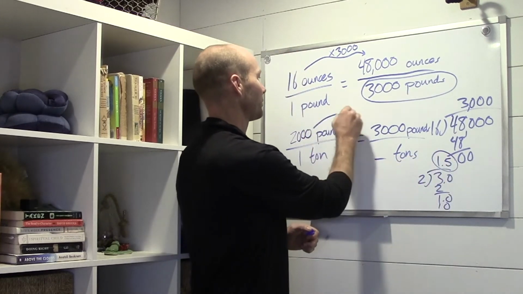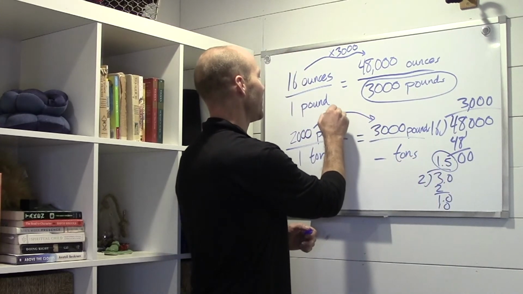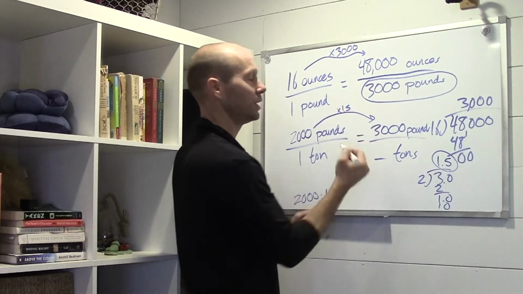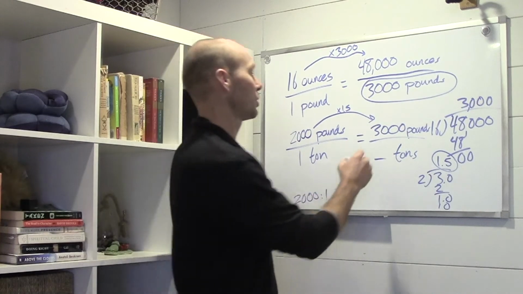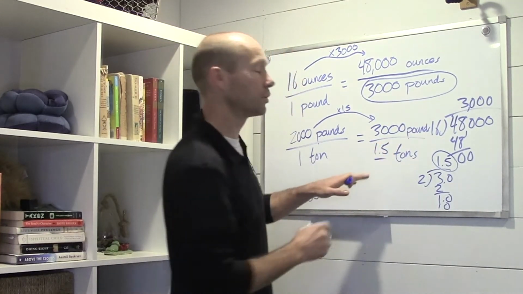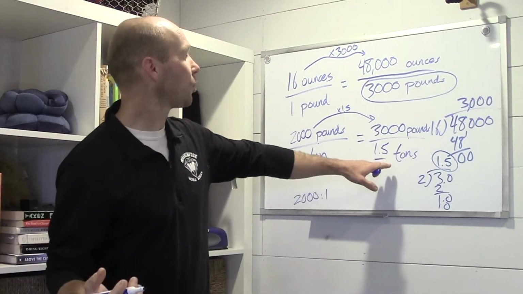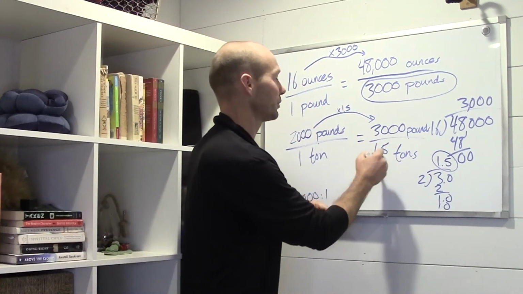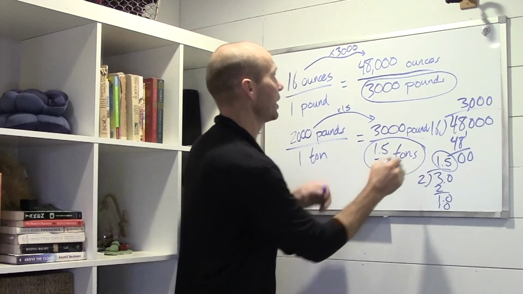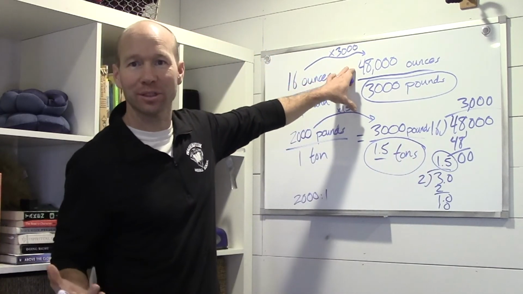So 2,000 times 1.5 equals 3,000. Now I can just scale up. 1 times 1.5 equals 1.5. So 1.5 tons is the same as 48,000 ounces.